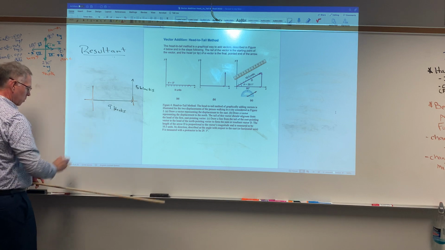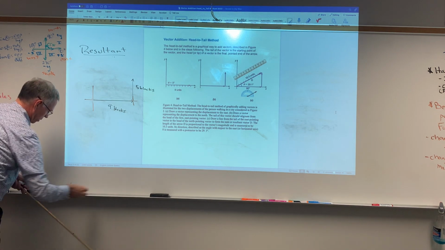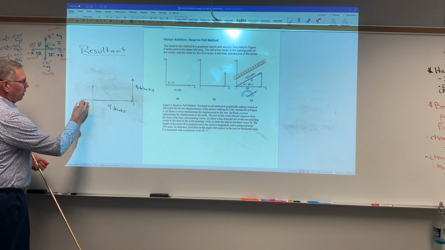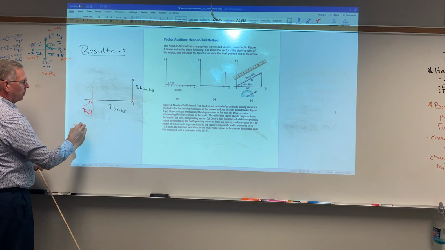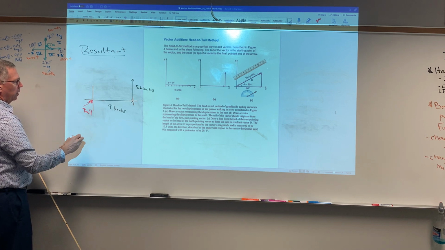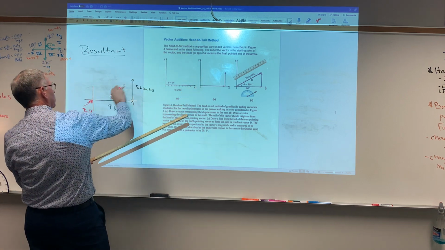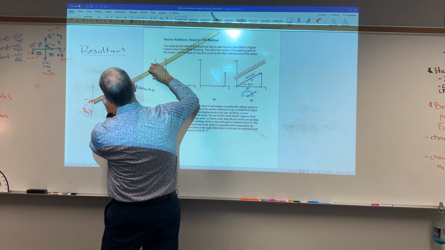Okay. So the tail of the resultant starts at the tail of your first vector. Okay, so you start with the tail there, and the head of the resultant will be at the head of the last vector that you drew.